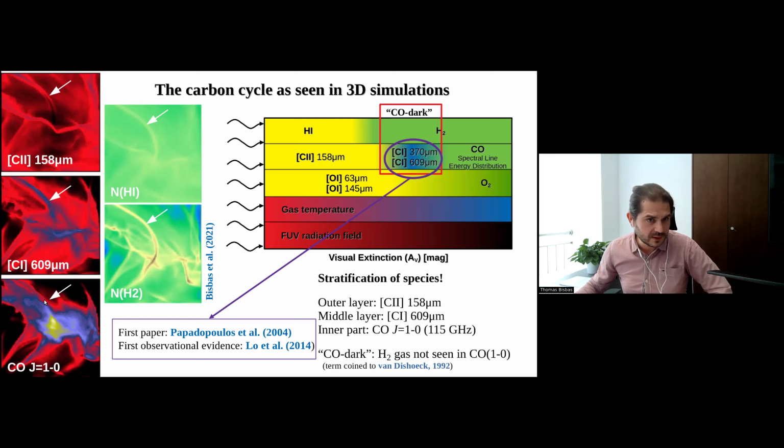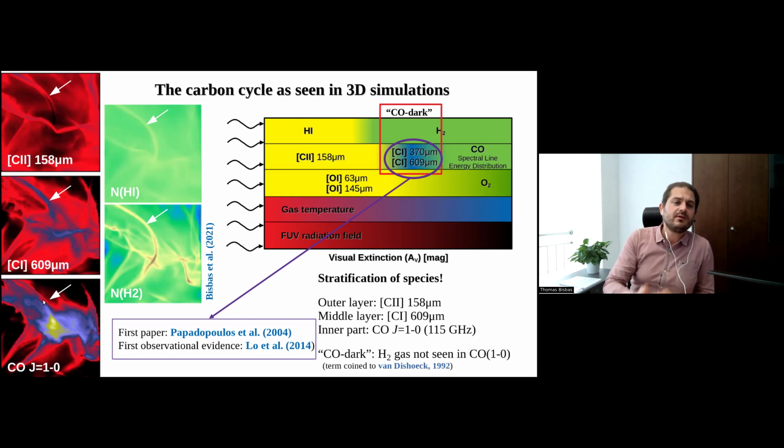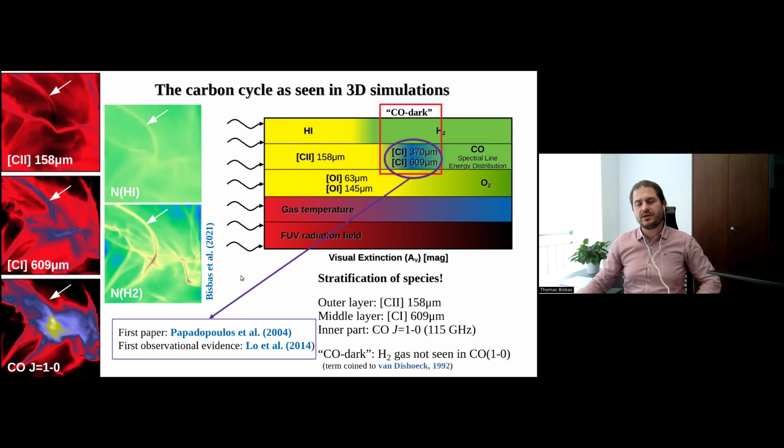But then when we go to CO, in this precise part of the cloud, we see that it's not visible anymore in CO because this part is molecular but not dense enough to form CO. So this is a great example of what a CO dark molecular gas is. And as an alternative tracer, we can use the atomic carbon, which was introduced by Papadopoulos in 2004, about 20 years ago.